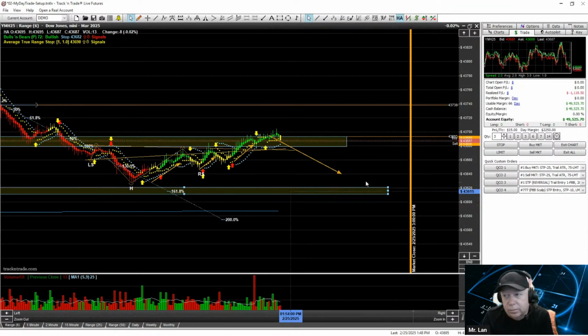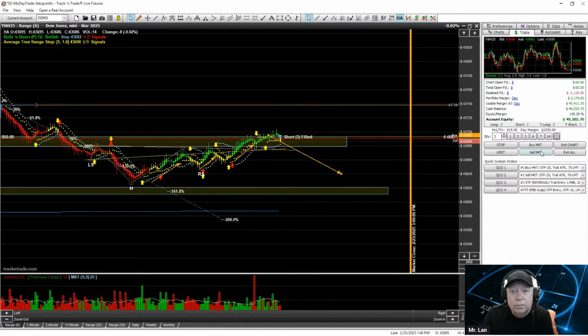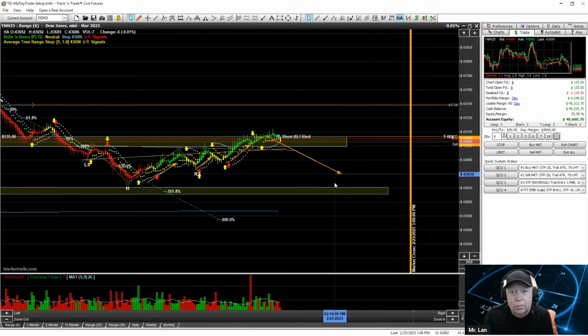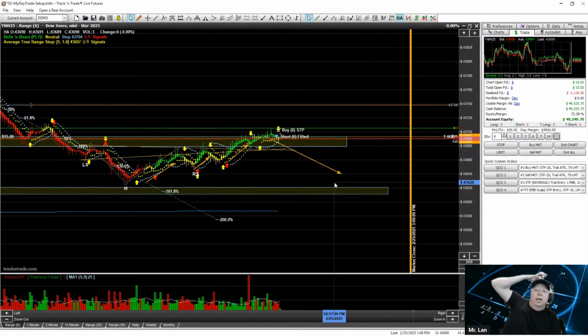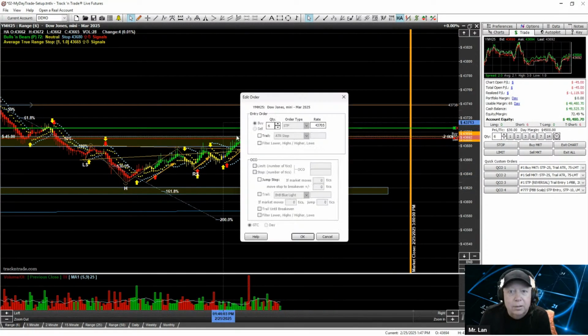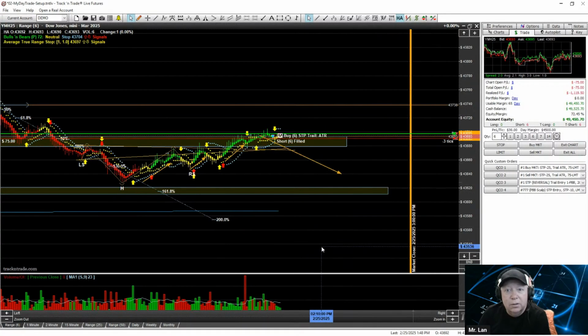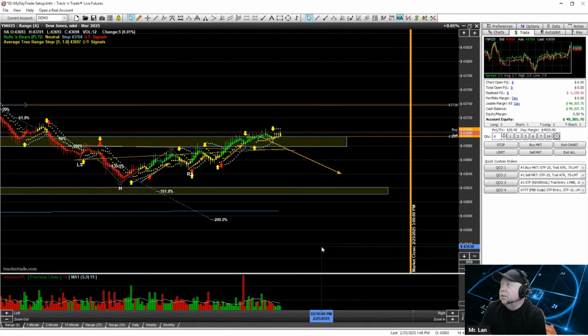What's it doing? Try it again. Edit. Trail. ATR. Just trail down on those little yellow dots. Mark is just chopping us to death right now.